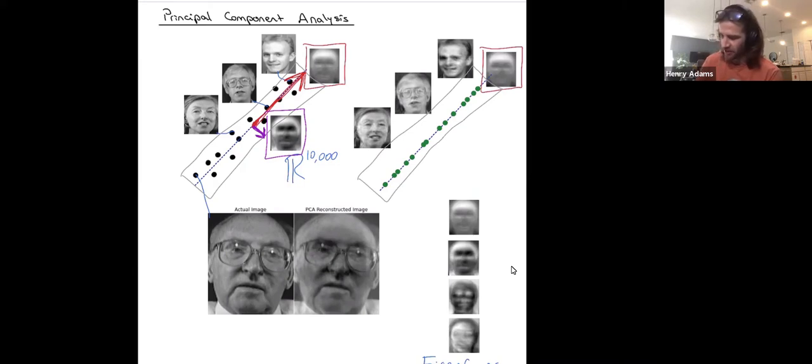I mean, in practice, these blurry faces are sums not only of the red eigenface, but also of this purple eigenface, and tens or maybe even hundreds more eigenfaces.